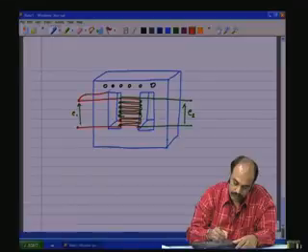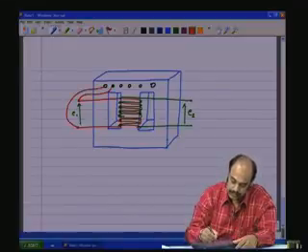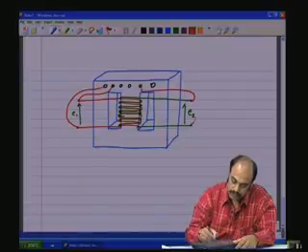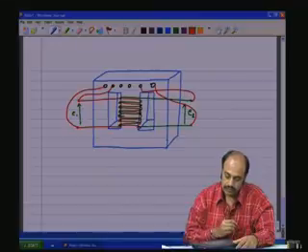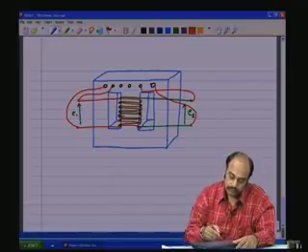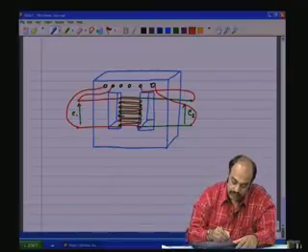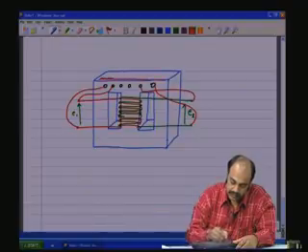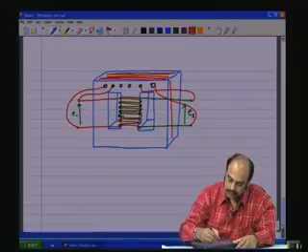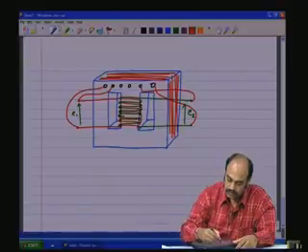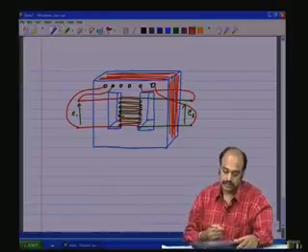So, you could have these points soldered onto this, and the secondaries soldered onto this. And these are the laminations which you will see, the lines here, which are the thin laminations of the grain oriented silicon steel.